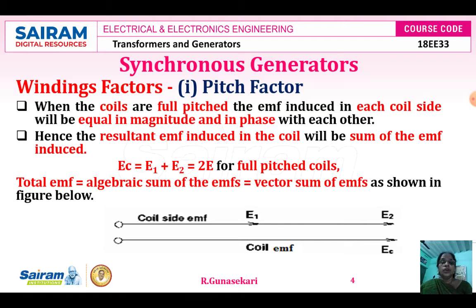The resultant coil EMF is EC, so EC equals E1 plus E2, taking each as E, therefore 2E. This is for the full pitched winding. So the total EMF is the algebraic sum, the same as the vector sum of the EMFs for the full pitched winding. The resultant EMF induced in the coil is the sum of the EMFs induced.